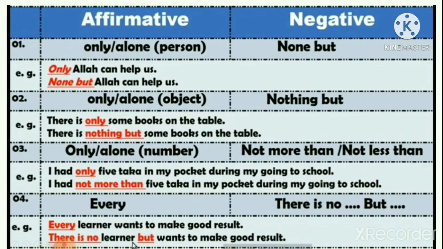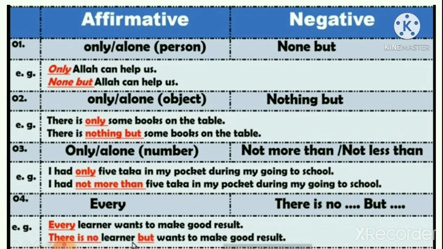If only means number, so we can change into not more than or not less than. So example: I had only 5 taka in my pocket during my going to school, so negative will be I had not more than or not less than 5 taka in my pocket during my going to school.